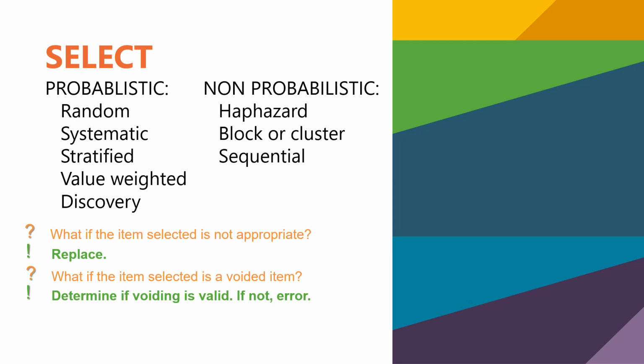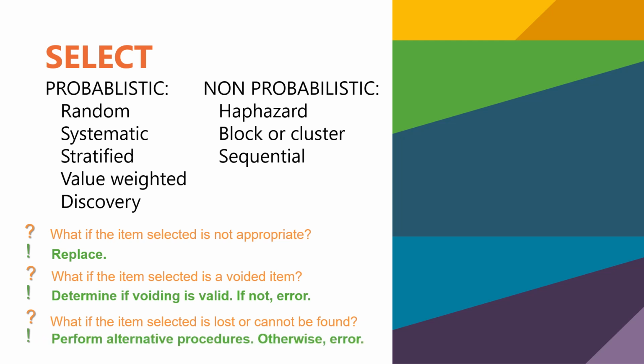If it is valid, then you can consider it as part of your sample. However, if the voiding is not valid, then consider it as an error. Lastly, what if the item selected is lost or cannot be found? If it is lost, then the auditor should perform alternative procedures. If the auditor cannot perform the alternative procedures, then the auditor will consider it as an error.